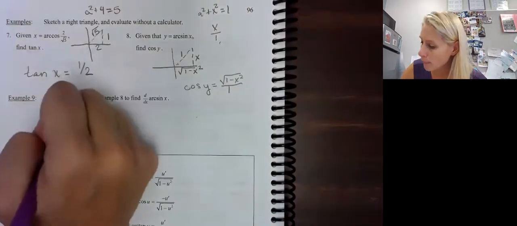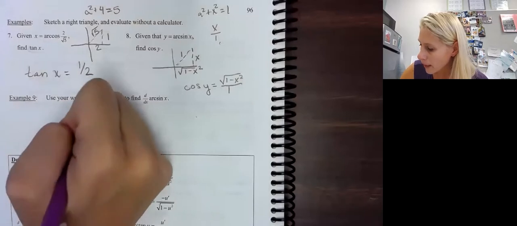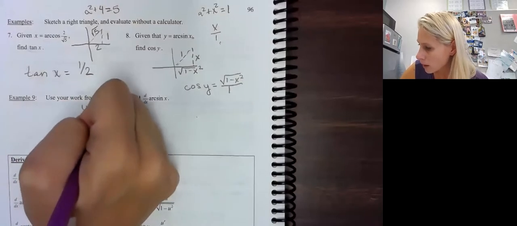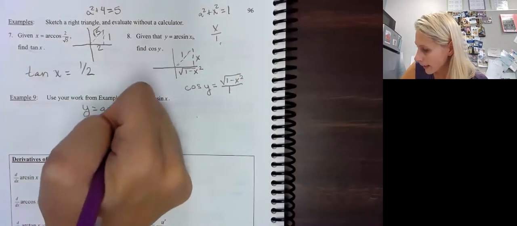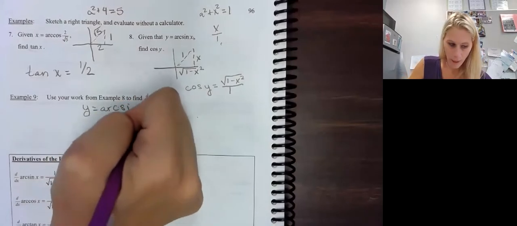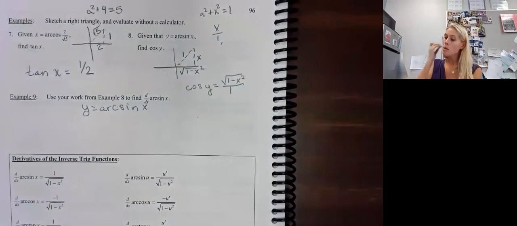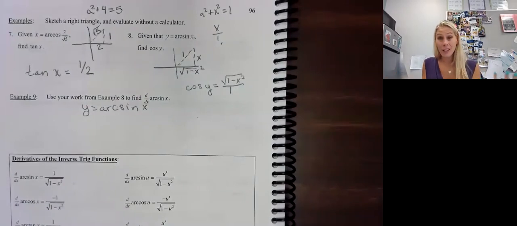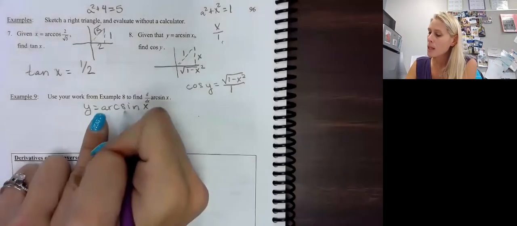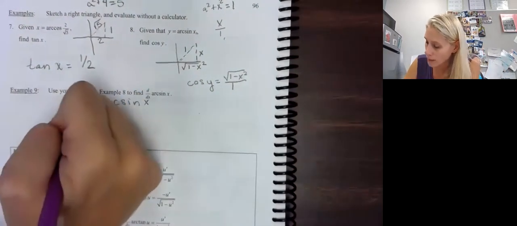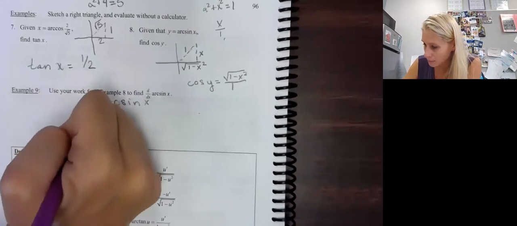Okay, so remember, we said in number 8 that y equals arc sine of x, right? So let's make this a little bit easier on ourselves. Let's get rid of the arc sine, because at this moment we do not know what the derivative is. So to get rid of the arc sine, we'd have to take the sine of both sides.